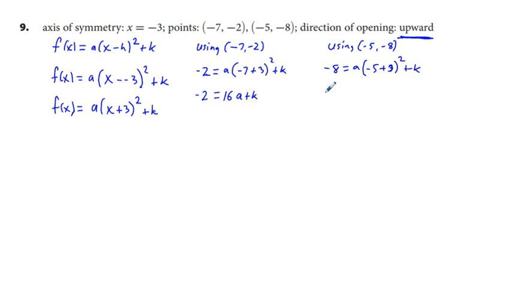So we have -8 is equal to -5 plus 3 is -2, and -2 squared is 4. So -8 equals 4a plus k.